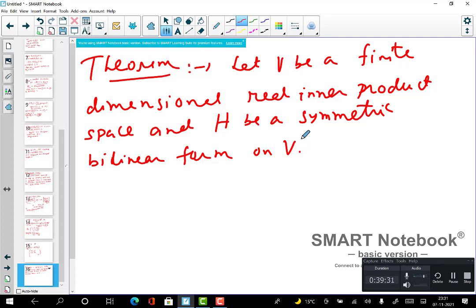Diagonalizing with an orthogonal basis is a much stronger condition.